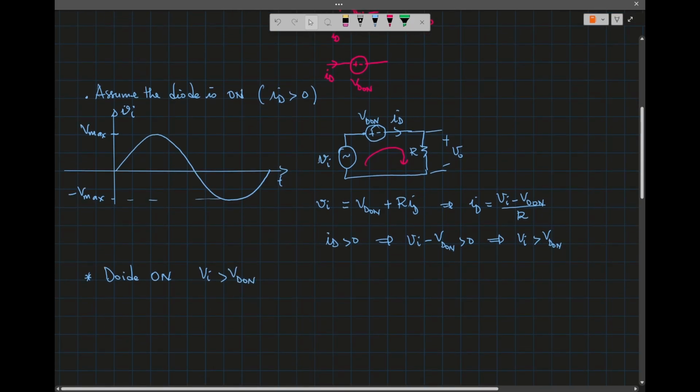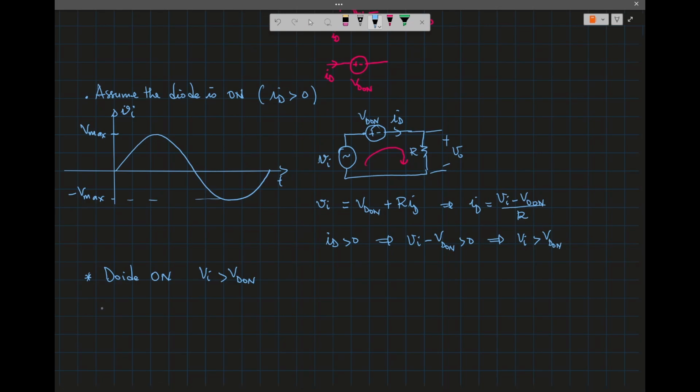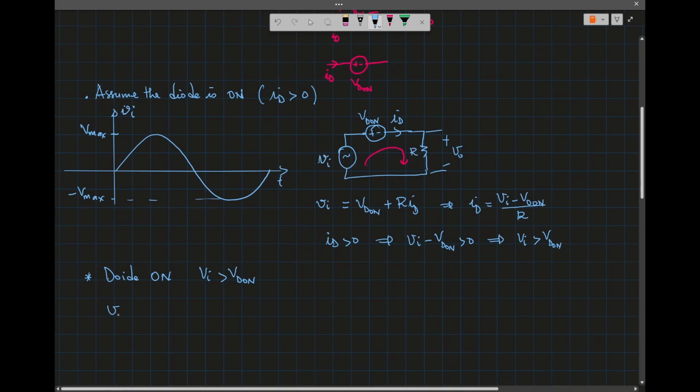Now, what is the output? So let's write the output equation. So we know that the output is R times ID. So the output will be VI minus VD on, right, from what we derived above.